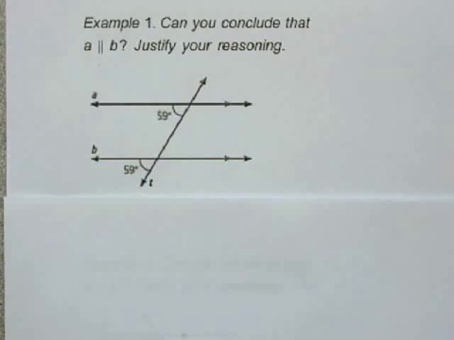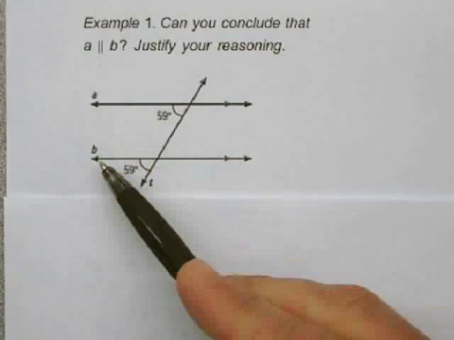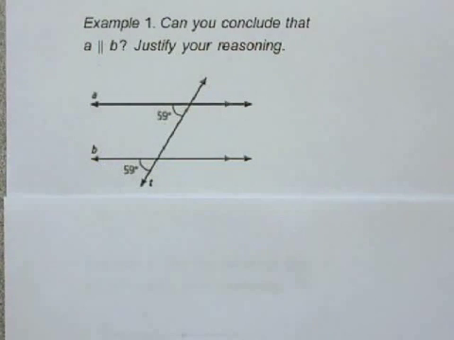And if the corresponding angles formed by two lines and a transversal are congruent, then the lines are parallel. In other words, the congruent corresponding angles prove that line A is parallel to line B. And so I have justified my reasoning, and I am certain that these two lines are in fact parallel.